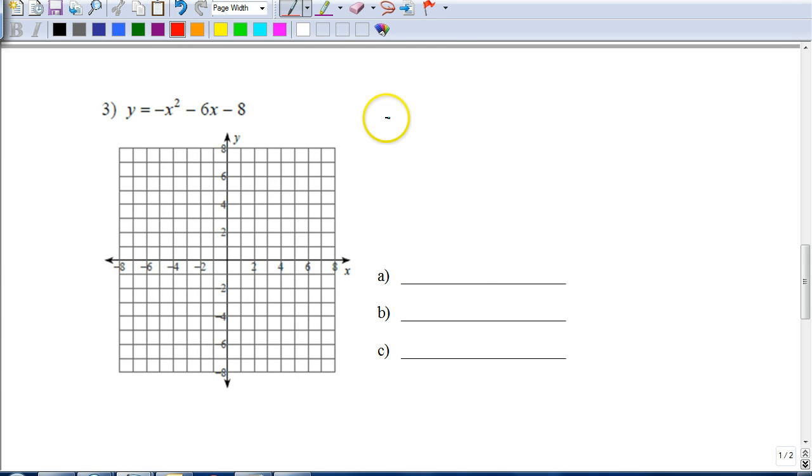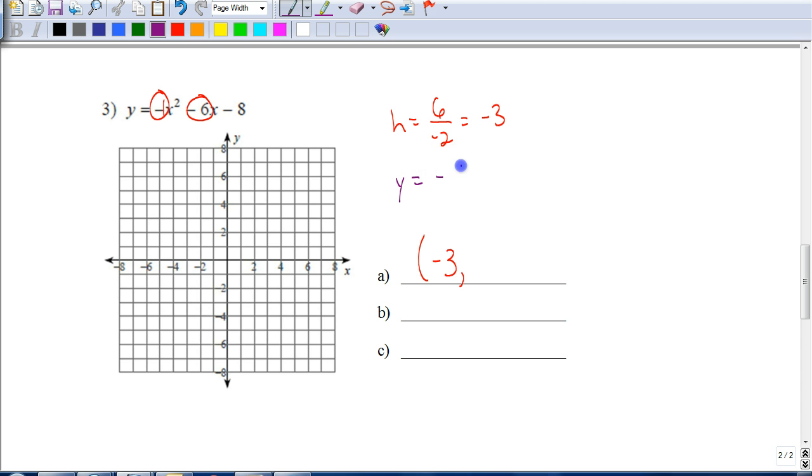So again, your first step is to find your vertex. The first part is going to be the opposite of b. This time b is a -6, so the opposite of that would be a +6. A is a -1, so I would take 2 times -1, well that's -2. So this time I have a value for h. My x value for my vertex is -3. So now to find the y value, I'm going to put -3 in there for x.